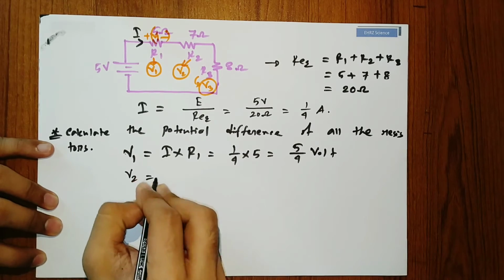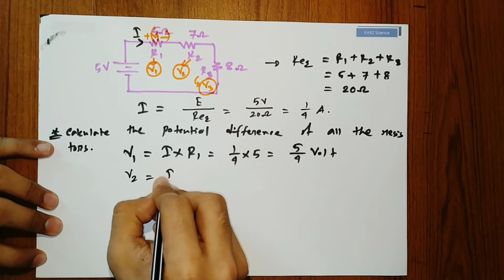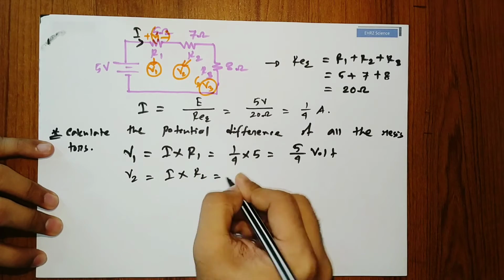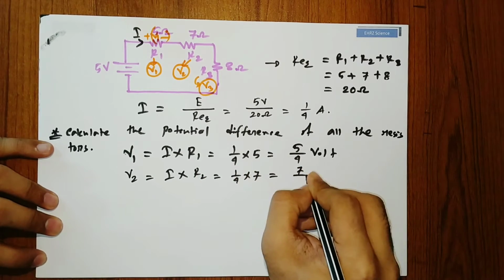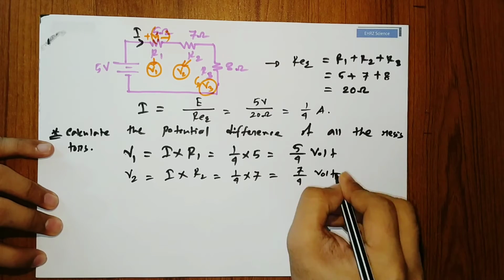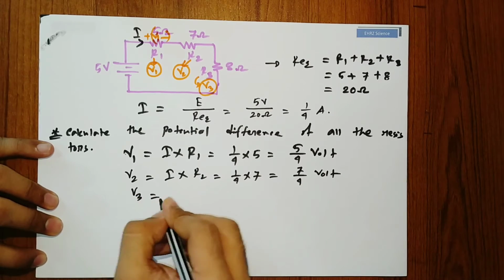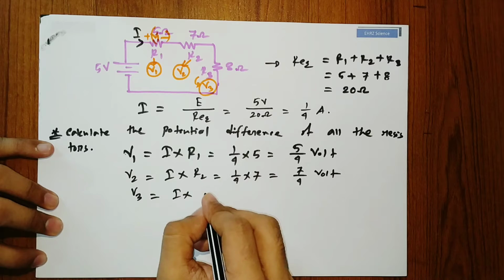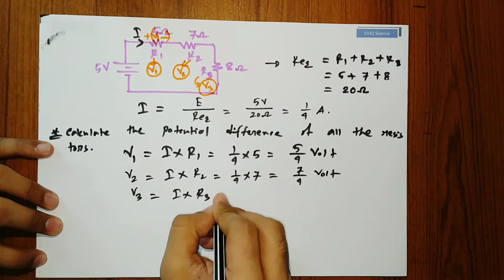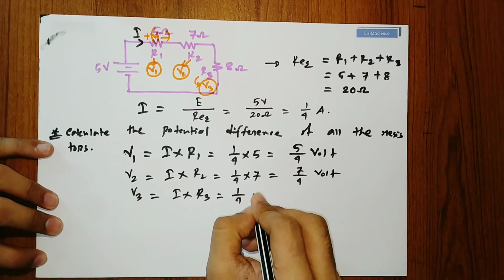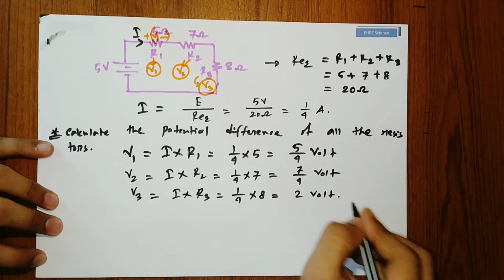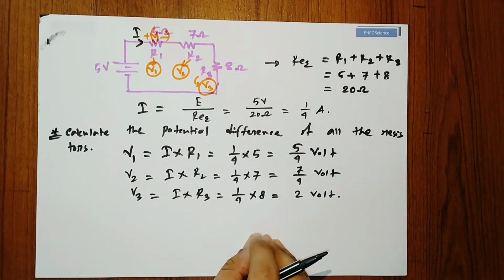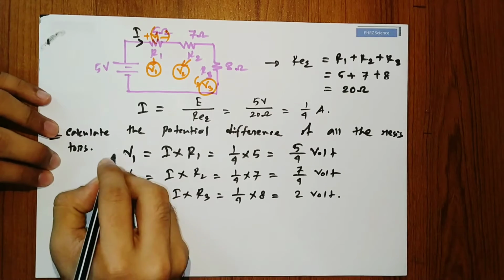What is V2? I times R2, so that is 1/4 times 7, 7/4 volt. What is V3? I times R3, which is 1/4 times 8, that is 2 volt.